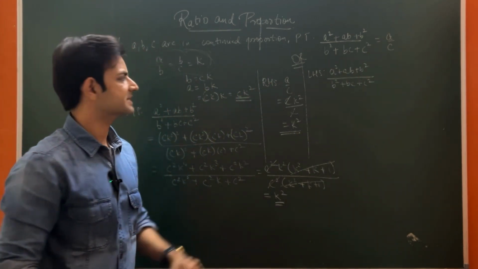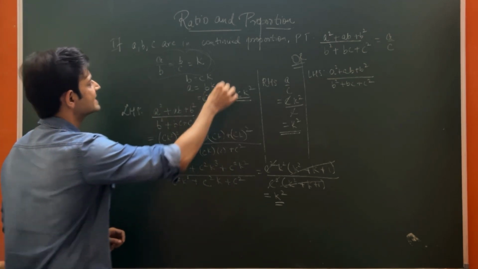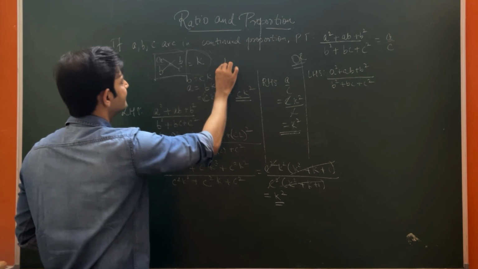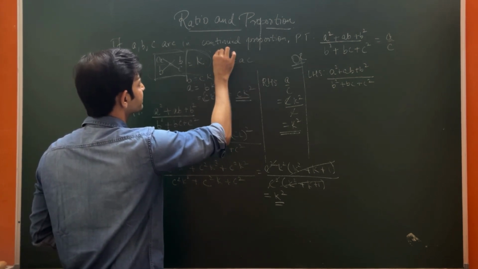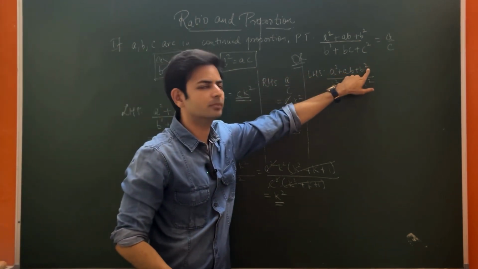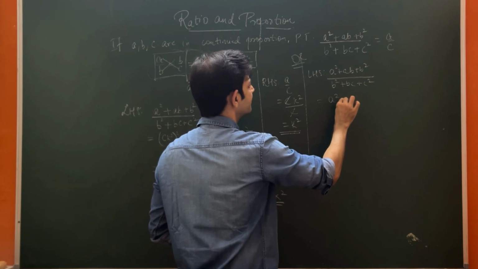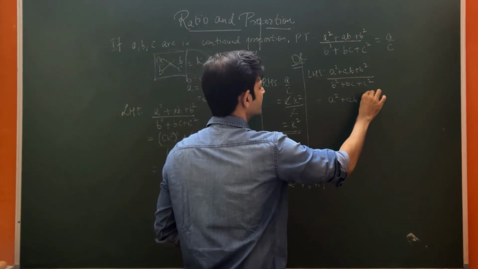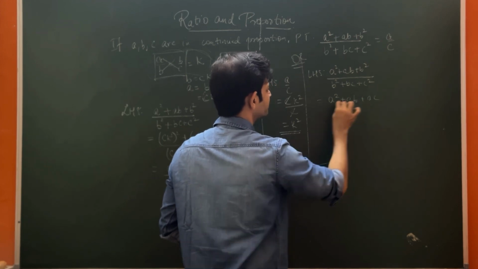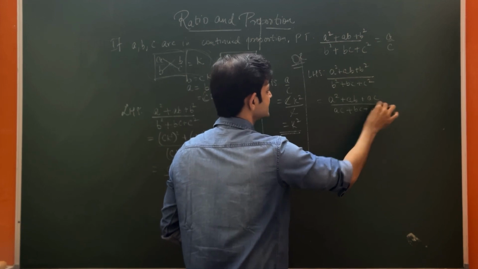What I will do here is, wherever I have B square, I will put the value AC, because B square is equal to AC. I will use this value of B square in the numerator as well as the denominator. So instead of B square, I will use AC upon AC plus BC plus C square.